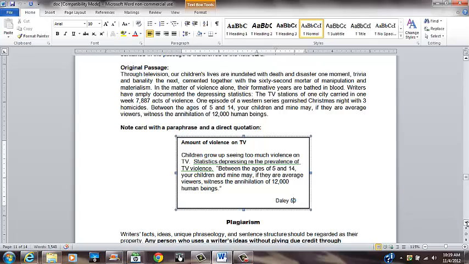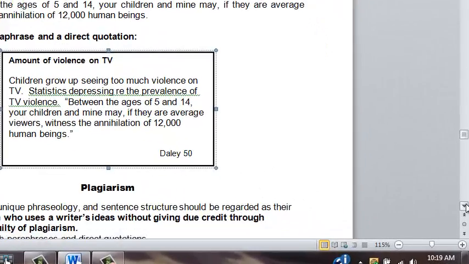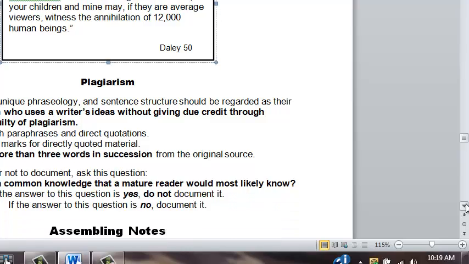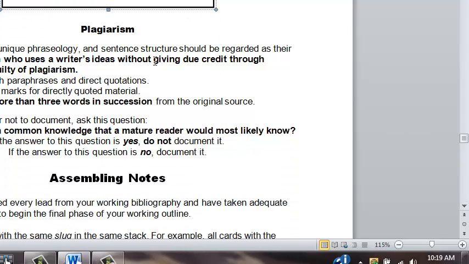Okay, so that's how to take notes using the note card method for direct quotations and for paraphrases. The last thing I want to talk about today is plagiarism. Plagiarism: a writer's facts, ideas, or unique phraseology and sentence structures should be regarded as the writer's intellectual property.